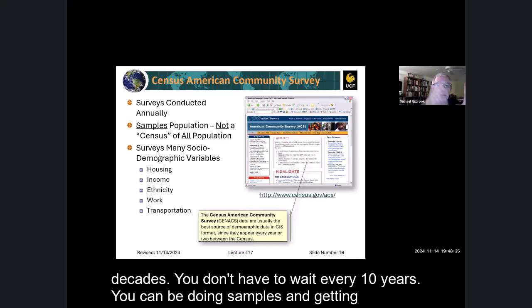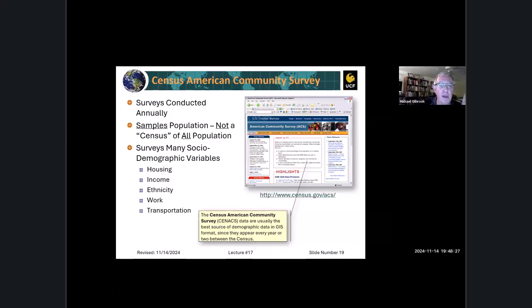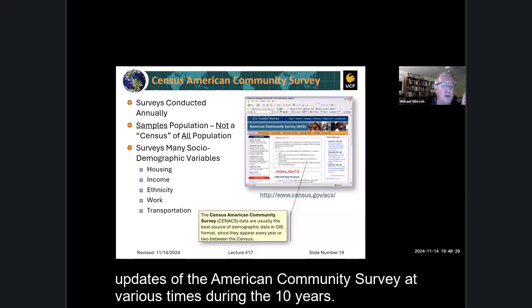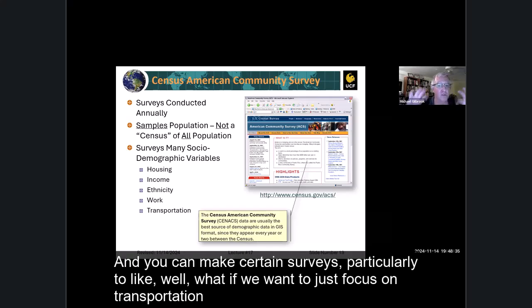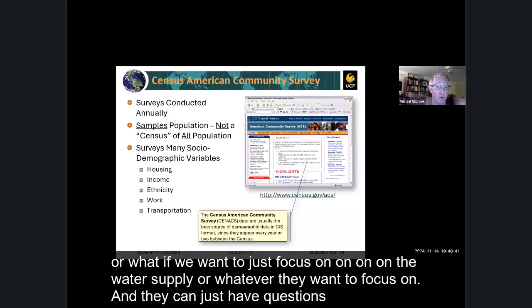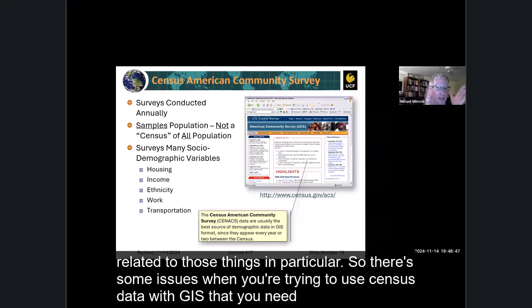You can be doing samples and getting updates of the American Community Survey at various times during the 10 years. And you can make certain surveys particular to, like, well, what if we want to just focus on transportation, or what if we want to just focus on water supply, or whatever they want to focus on, and they can just have questions related to those things in particular.